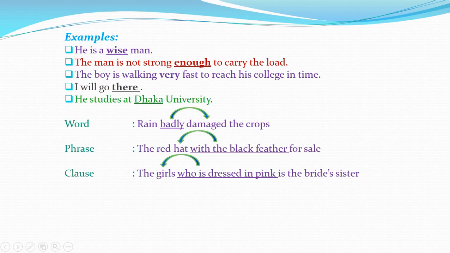If we remove this clause, who is dressed in pink, the sentence is also correct: the girl is the bride's sister. So the clause has given extra information about the noun, the girl. So a modifier can be a word, a phrase, or a clause. It gives extra information about a word in a sentence.